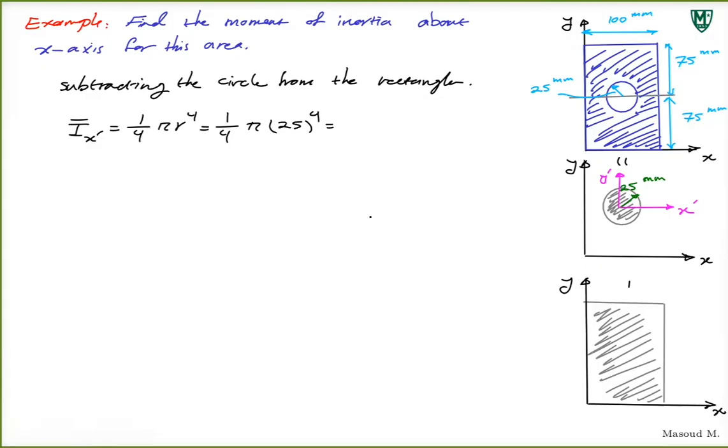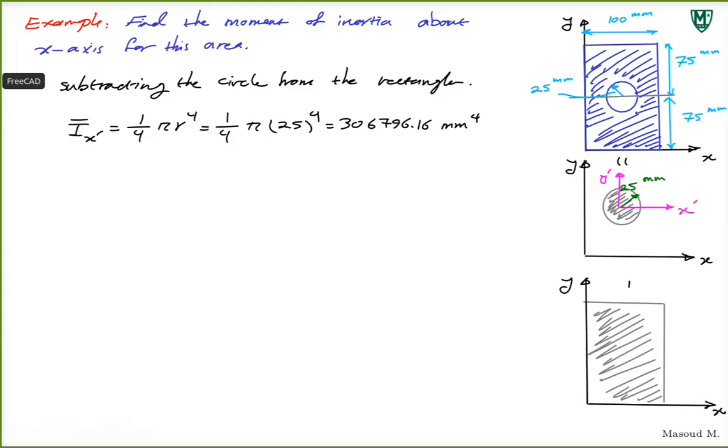If you do this math, you will get 36,796.16 mm4. Right. That is the area moment of inertia about the axis passing through the center of this circle.